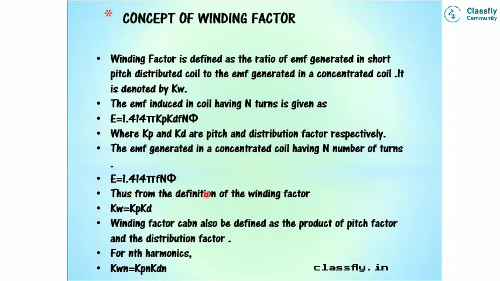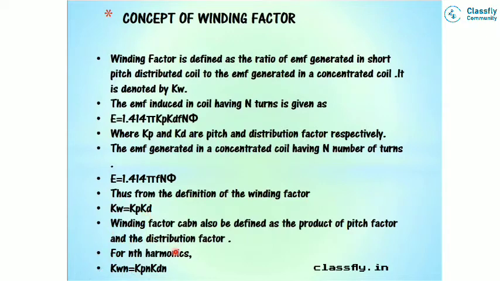So from the definition of the winding factor, if we divide EMF1, that is your short pitch distributed coil, by the concentrated coil, everything will get cut off except Kp and Kd. So we can simply say that Kw is equal to Kp times Kd. It can also be defined as the product of pitch factor and the distribution factor.